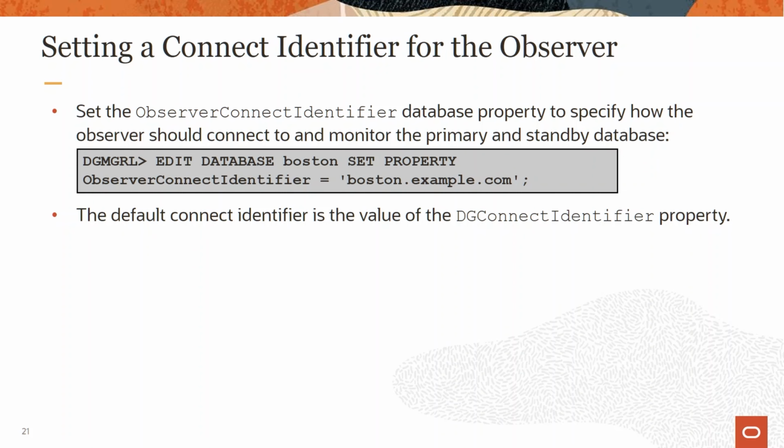When you registered the primary database and standby databases, we had to specify the DB unique name, so add database DB unique name, and also we had to specify the connect identifier, the data guard connect identifier. And the same value is used for the observer connect identifier.